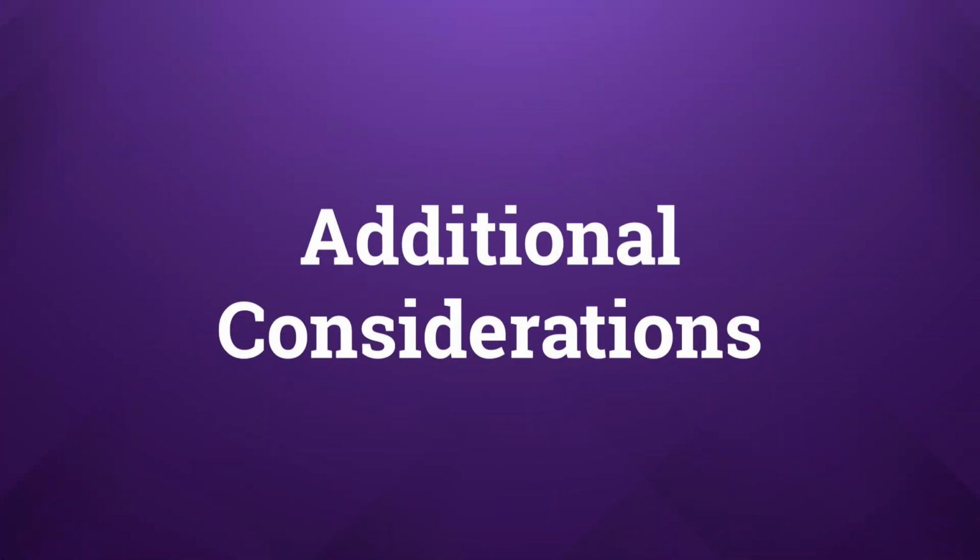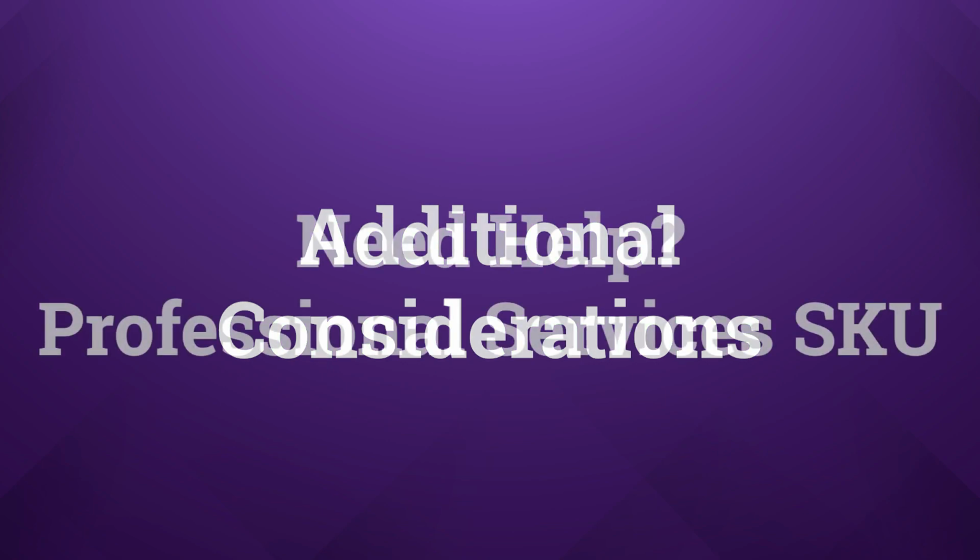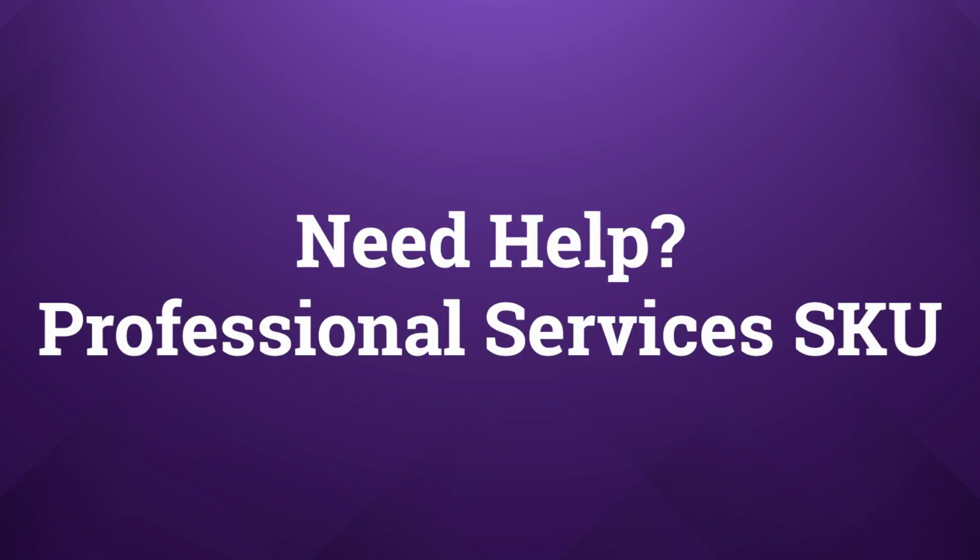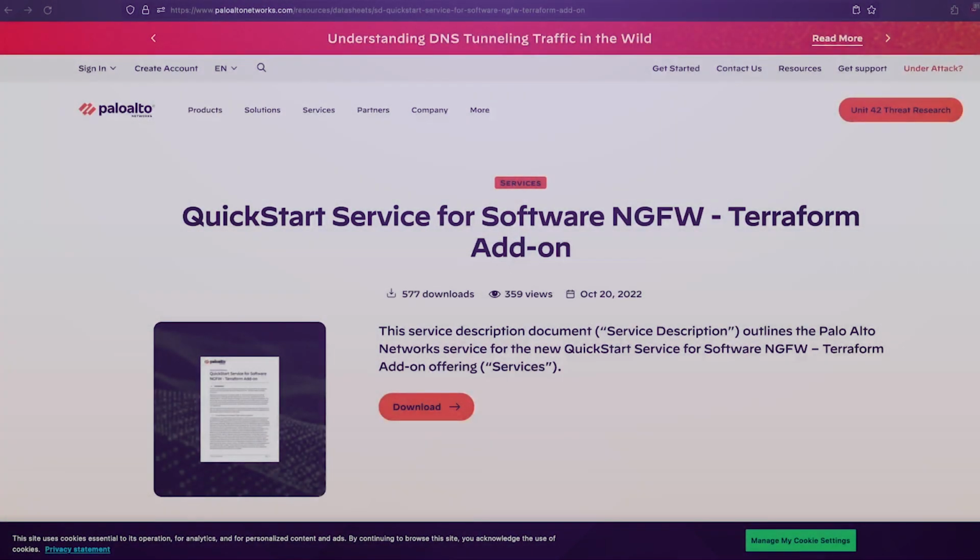Now, before I let you go, I have a couple of additional considerations based on the content that we've covered today. The first is around if you find yourself in a position to where you need assistance, right? Like maybe there's a project with a really tight timeline, or perhaps your team just would like some assistance in building the Terraform project for your environment. Please reach out.